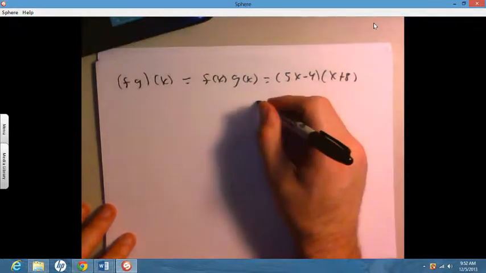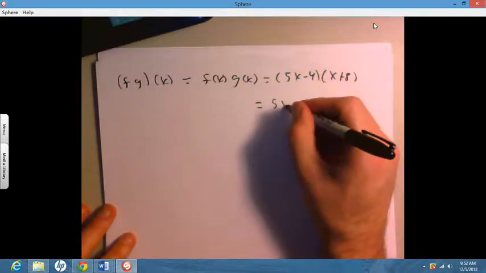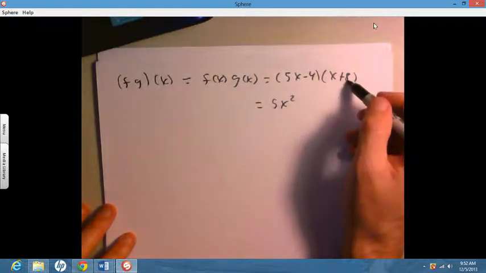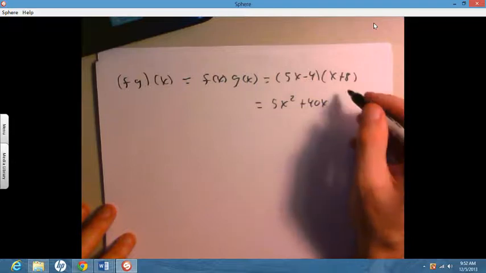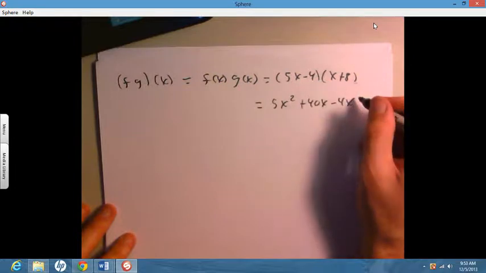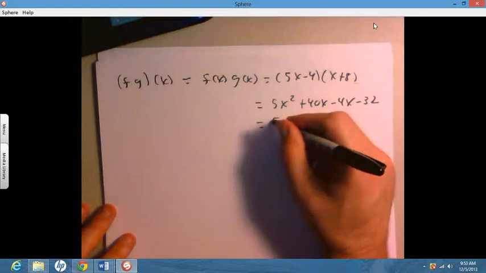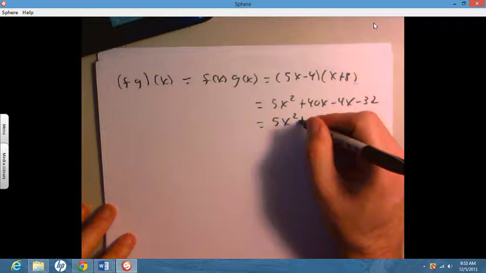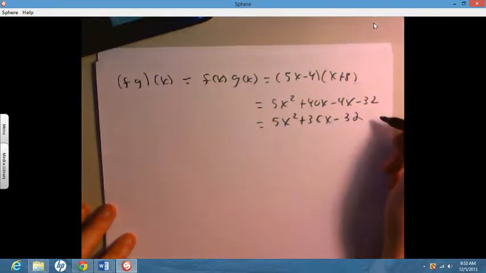Now we're going to FOIL, so 5x times x is 5x squared. Then 5x times 8 is 40x. Negative 4 times x is minus 4x. And negative 4 times 8 is minus 32. That is equal to 5x squared plus 36x minus 32. Right? And that's my answer.